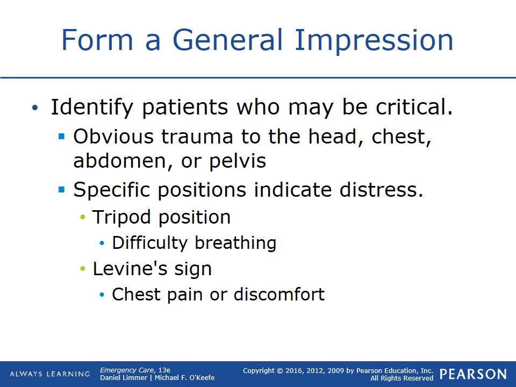There's another thing called Levine's sign, and if you look on page 290, up at the top, the picture, there's a guy up there that is an indication of Levine's sign. If they grab a fist and clutch it to their chest, that's an indication of chest pain.